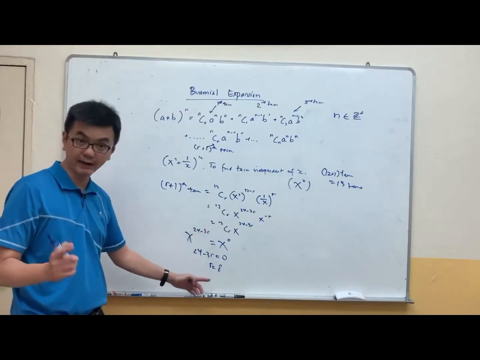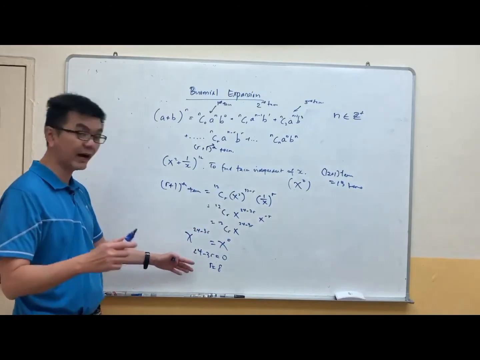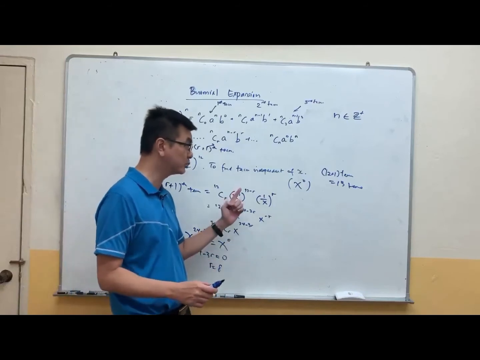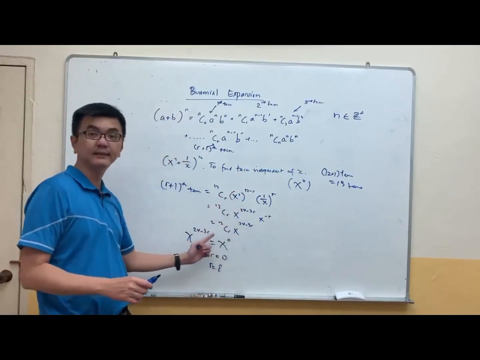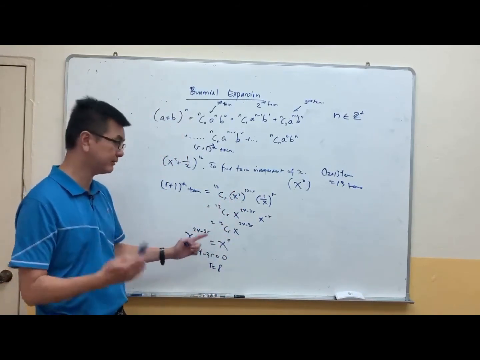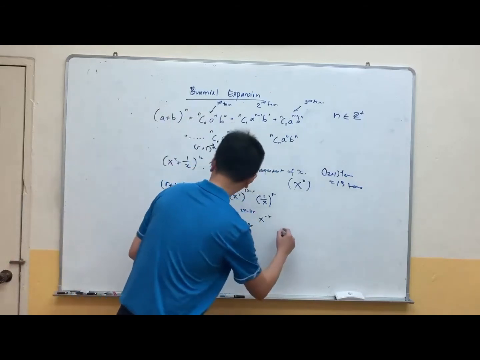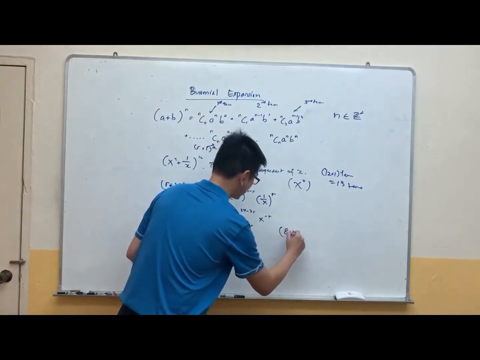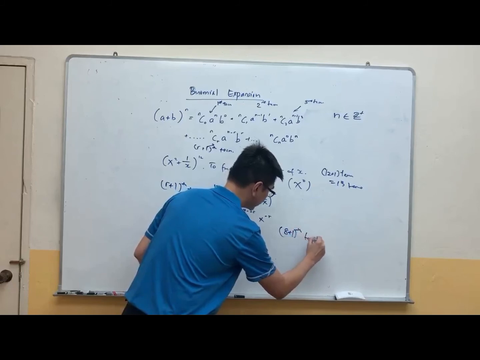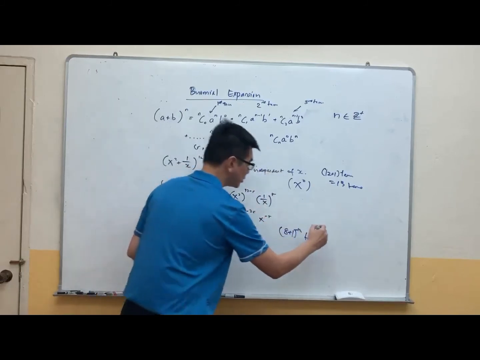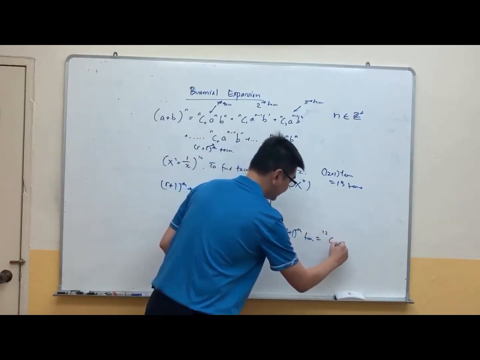So in this case we found r equals 8, and now I'm going to substitute back into my expression to find the term that is independent of x. My 8 plus 1 term will be equal to 12C8.